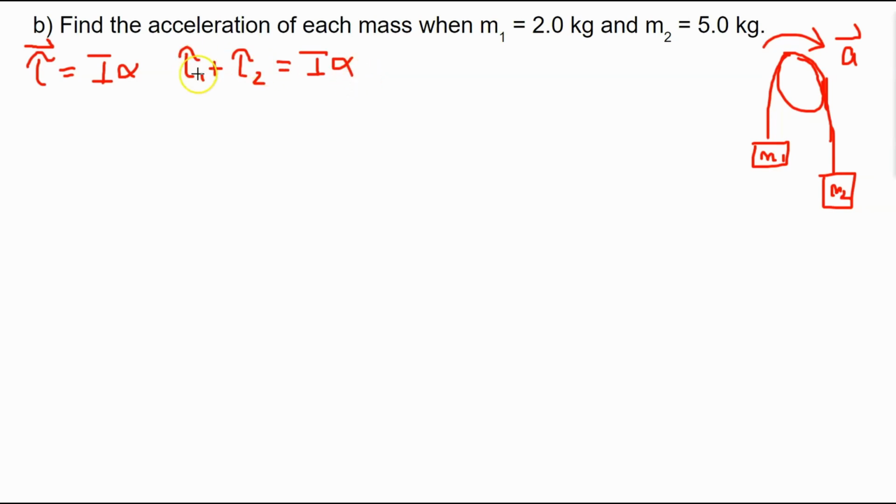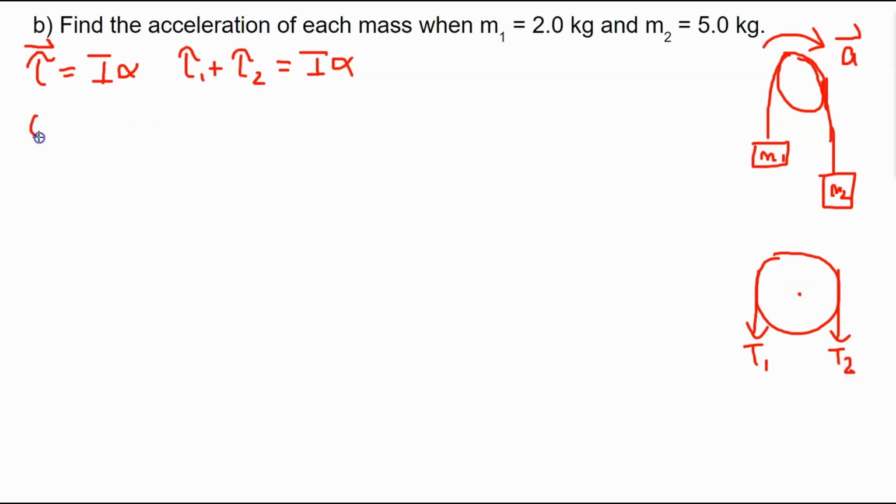And now we want to solve and evaluate these two torque values. So let's start with the first torque, torque 1. And let me just again redraw the pulley. We said that the torques were acting like this through the tension forces, T1 and T2.